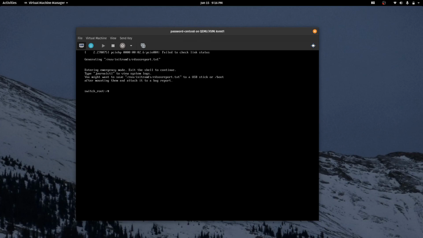All right, so we're here. And then go through the motions, mount -o remount,rw /sysroot, chroot into that. And we'll do Ubuntu this time, UBUNTU.